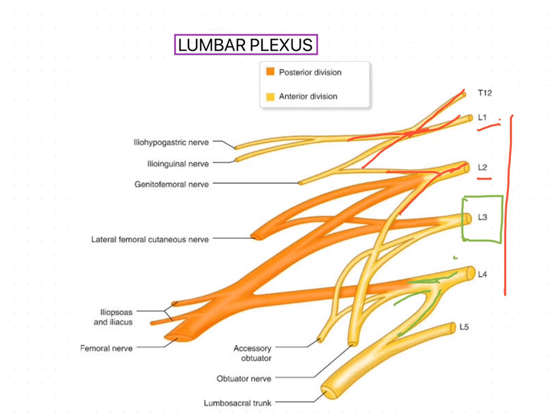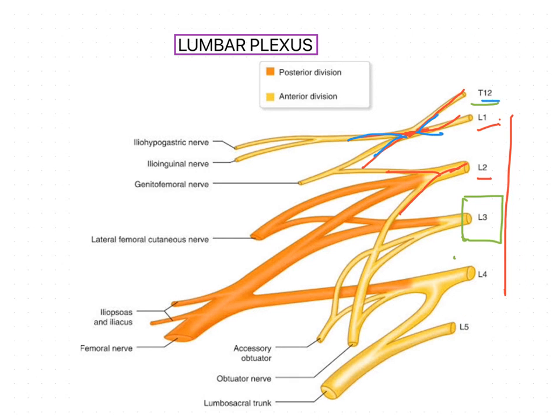Now we will see L1 here. I have told that L1 will take a small twig from T12. After uniting with T12, it is divided into upper division and lower division.